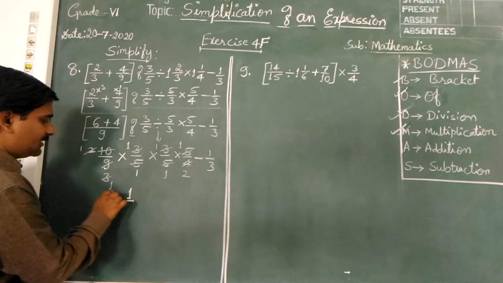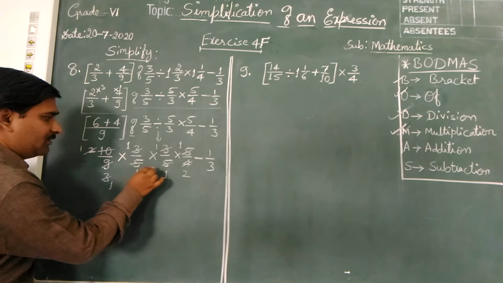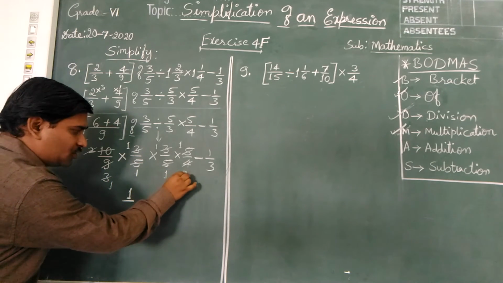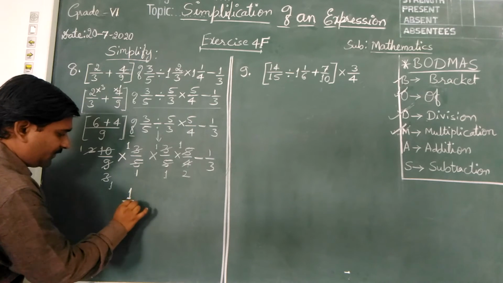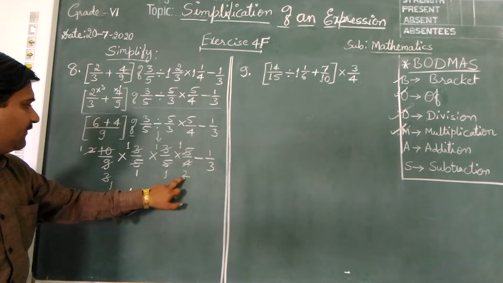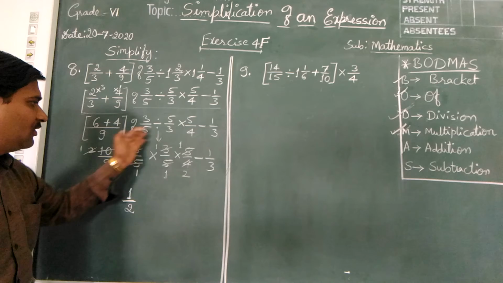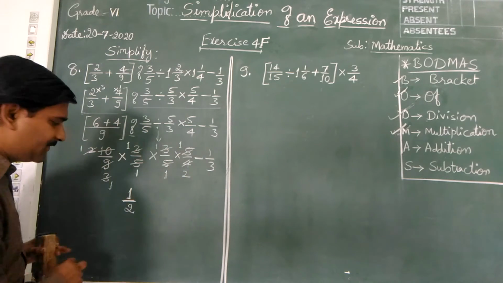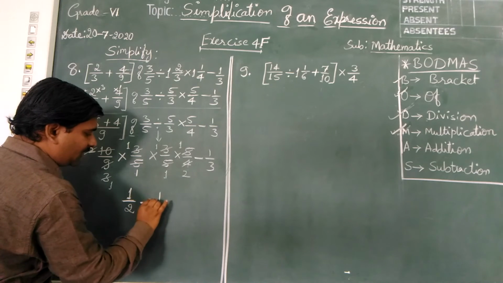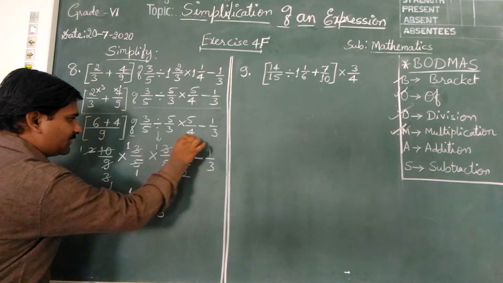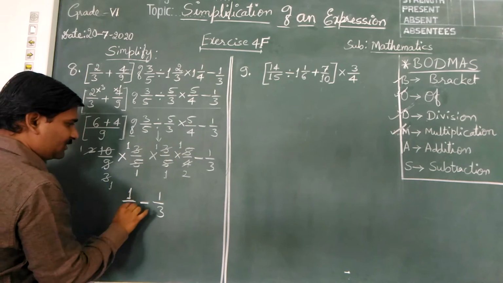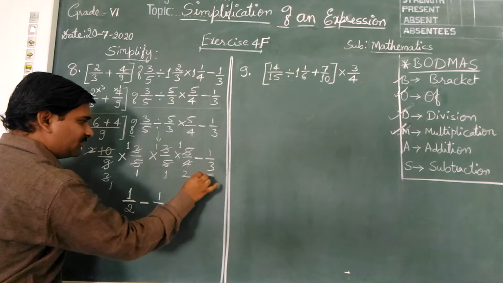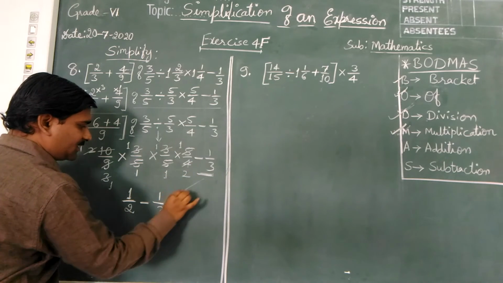In the denominator, 1 into 1 into 1, 1 and 2, 1 twos are 2. In the denominator 2 is left, in the numerator 1 is left. All the numbers are cancelled. Minus 1 by 3. This full simplification is 1 by 2 minus 1 by 3, as kept here.